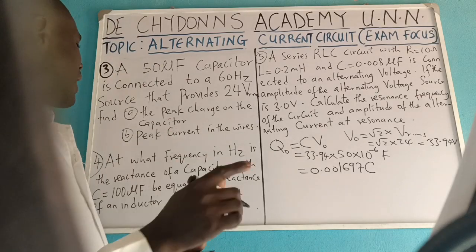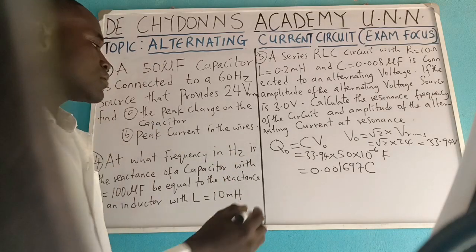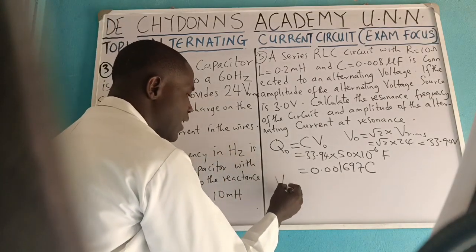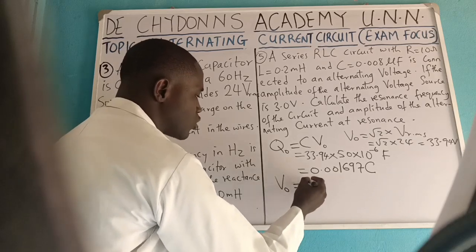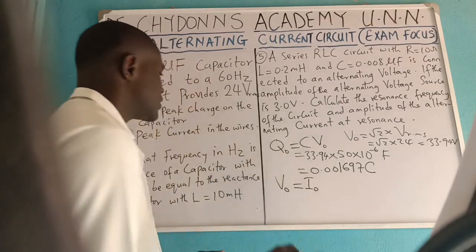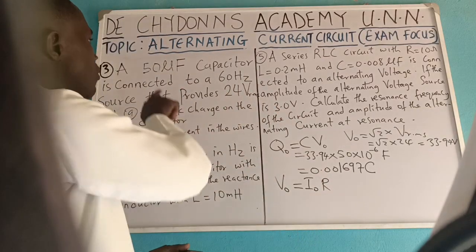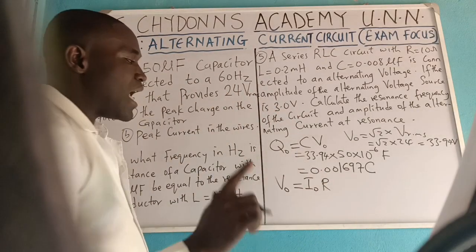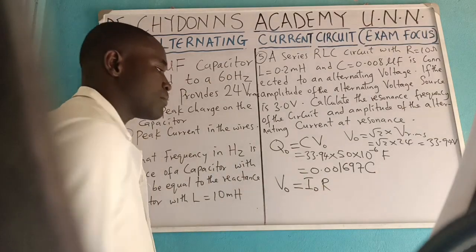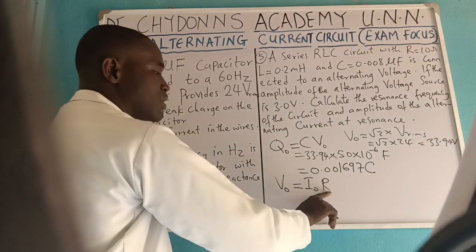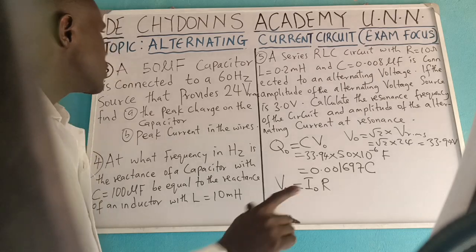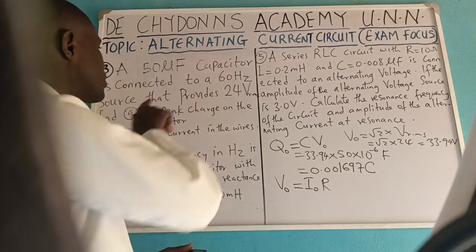Okay? Then peak current. For you to get peak current, remember that peak voltage is equal to peak current times R. But in this question, we are not given the resistance of the resistor. The effective resistance of the resistor is not given to us. We are given a capacitor.